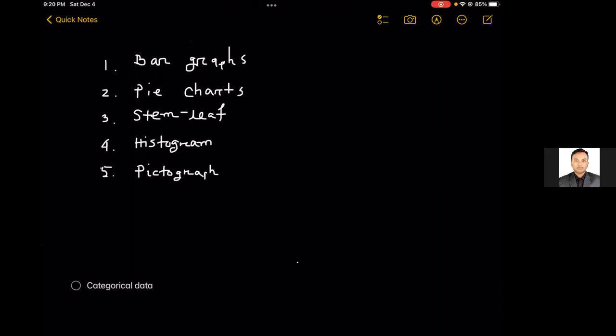If we have a categorical data set, which type of graphs can we choose to represent or to display the data set precisely, right? So we want to ask this question first, and then we want to find 2 different types of answers.